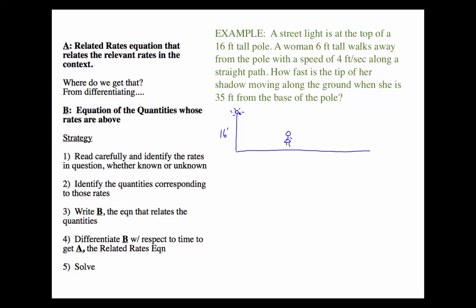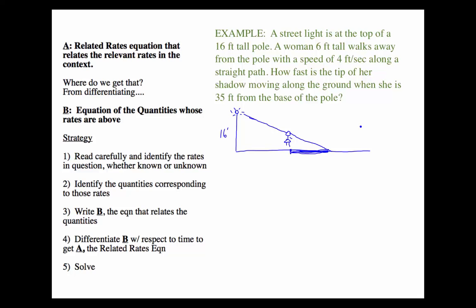As the rays of light pass the top of her head, along that line the tip of her shadow is going to project onto the ground. So then her shadow is something like this. Does the situation make sense? She's walking away from the pole at 4 feet per second.